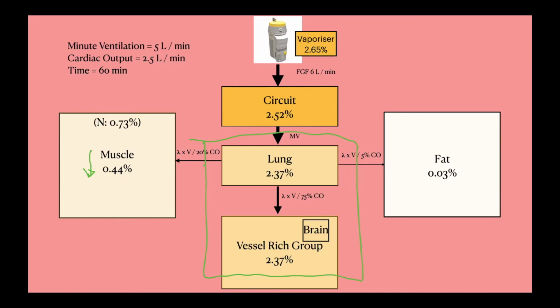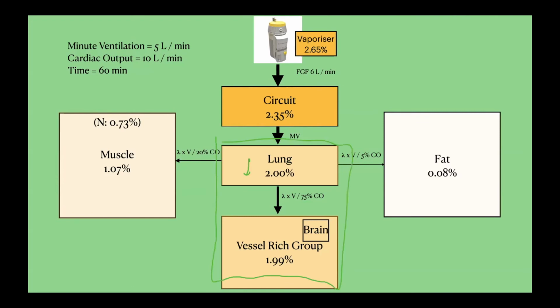So a lot of it is within the lung and the vessel-rich group. And then someone with a high cardiac output is much lower, okay, 2%, all right? And pretty much it has achieved equilibration already. And as you can see, the reason for that is that muscle is containing a lot more of that volatile agent.